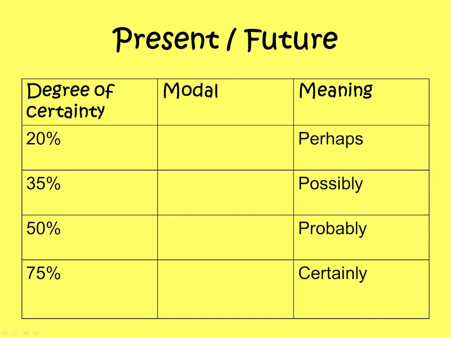So, if it is just very probable, you say might, something like 20%. It means perhaps. If you say may, it's a bit stronger in probability, about 35%, possibly.